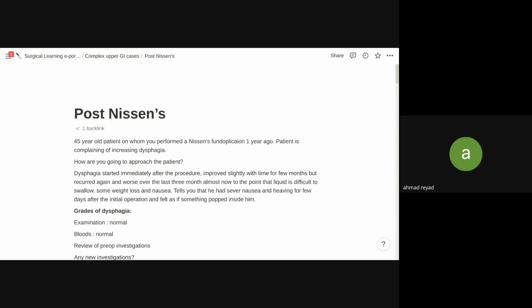Is it for liquid, for solid and liquid, most of the time, part of the time, overnight, in the morning? So about all of these things, and then asking about generalized symptoms, including weight loss, vomiting, regurgitation, heartburn, and epigastric pain.